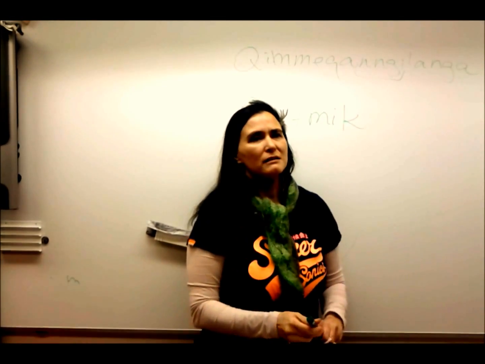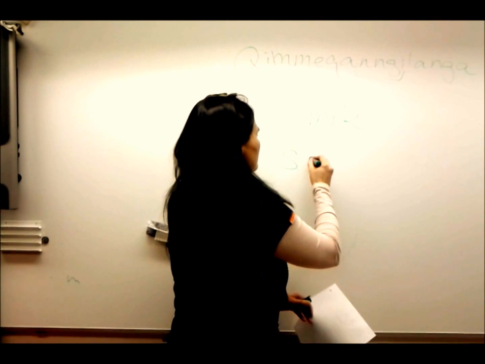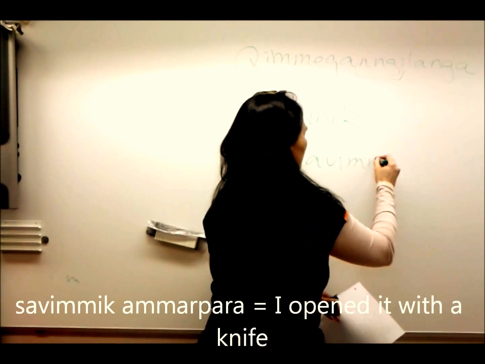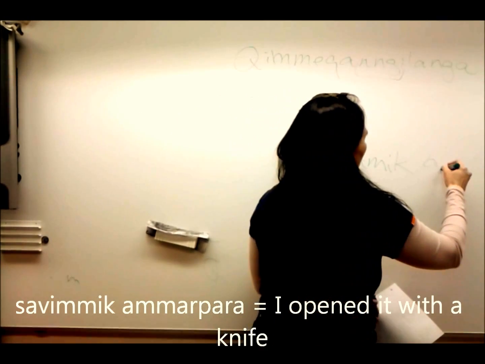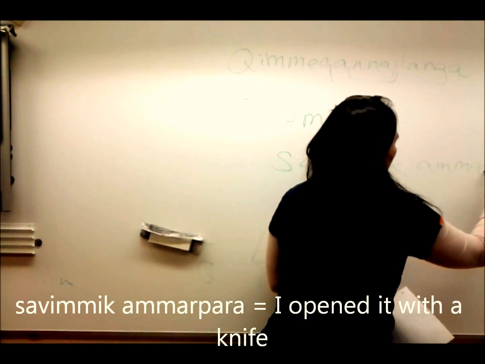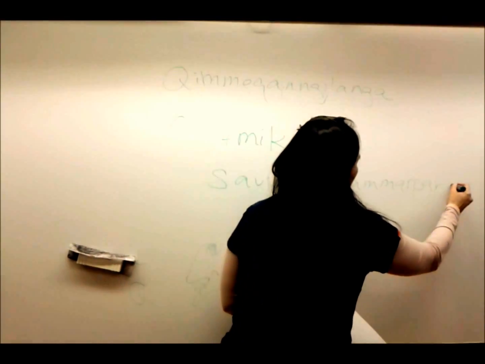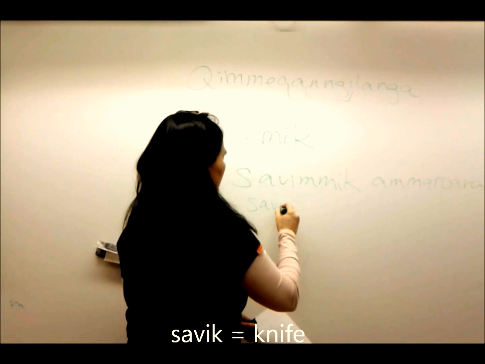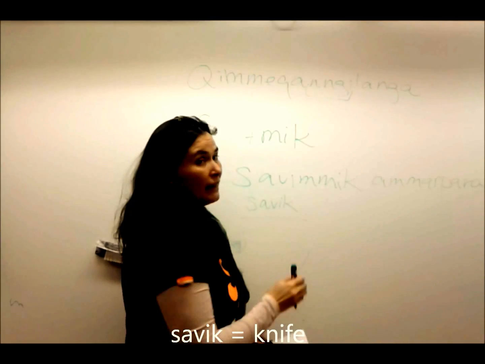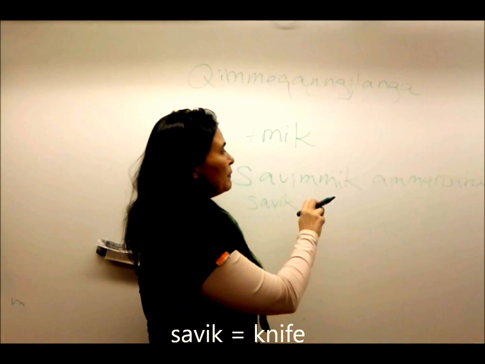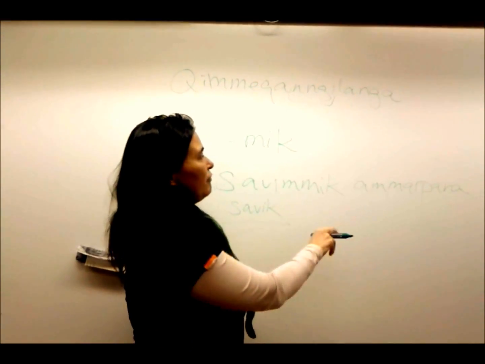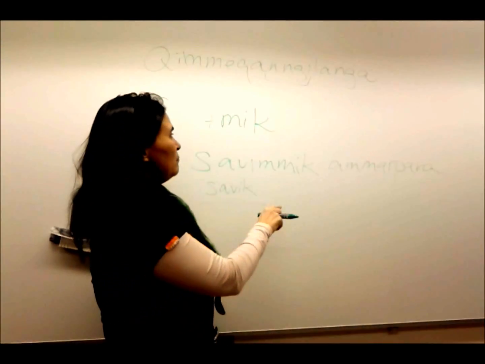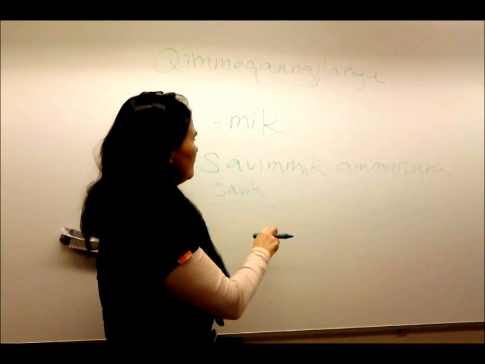For example, I can say savimik ammarpara, and savik means a knife. So I opened it with a knife. I opened it by means of a knife.